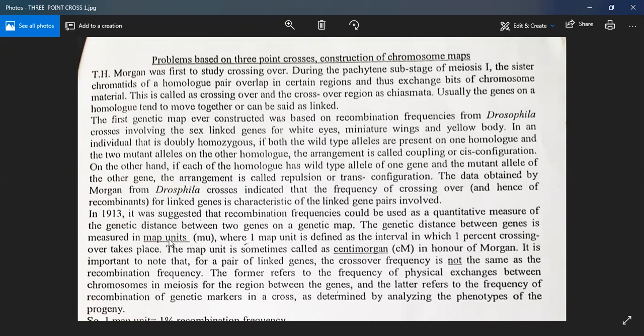It is also sometimes called cM, that is centimorgan. This is in honor of the scientist T.H. Morgan, who discovered chromosomal mapping.